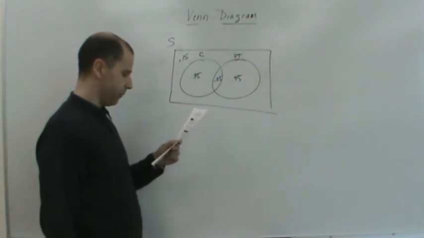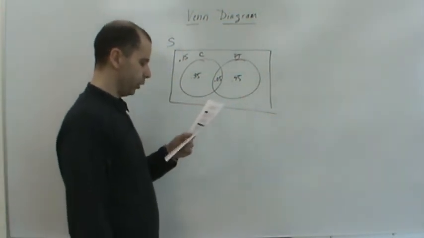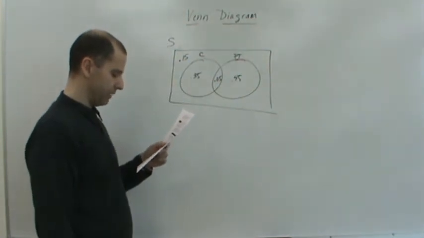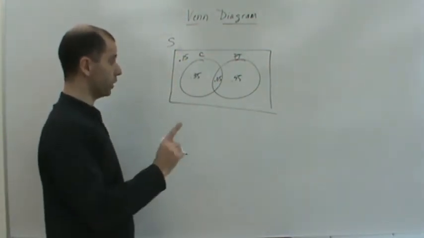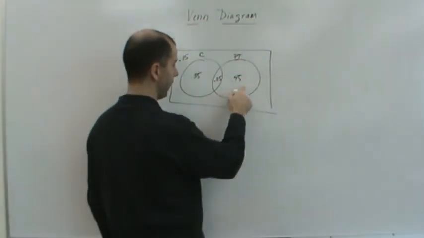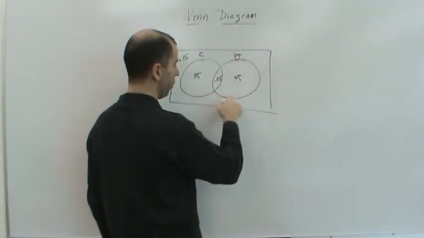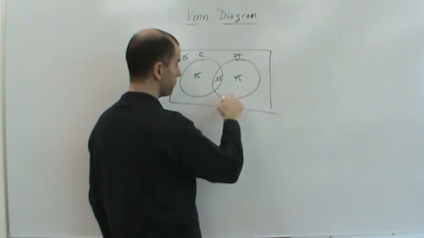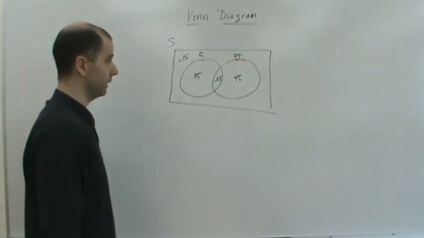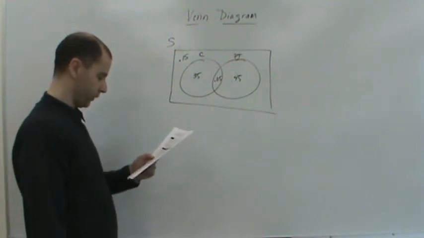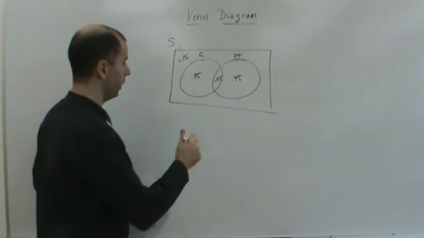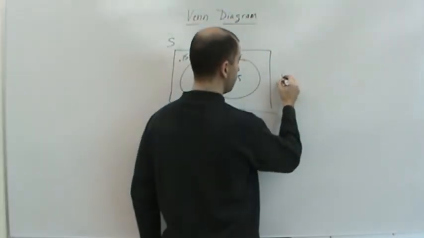The first question: the probability that a student belongs to a club given that the student works part-time. If the student works part-time, we're now in this circle. What's the probability that they are part of the club? Let's just use the definition.